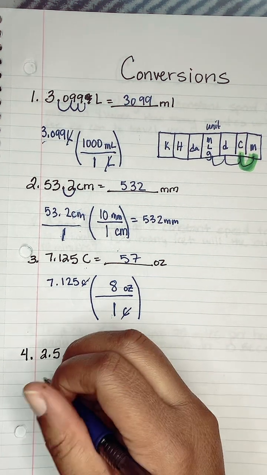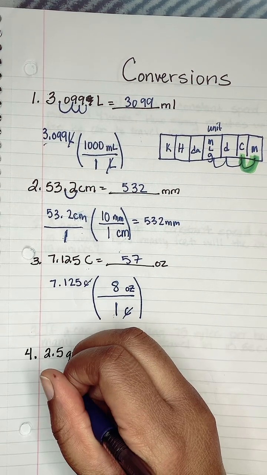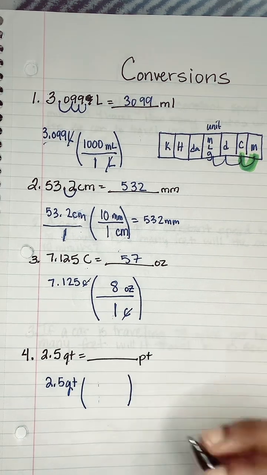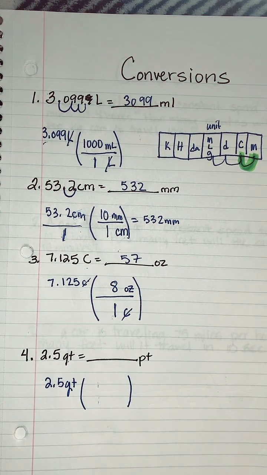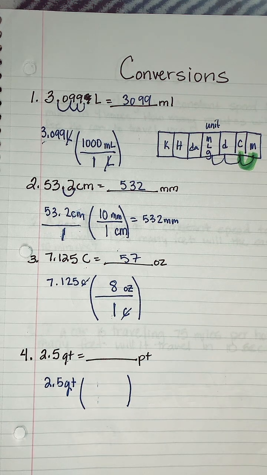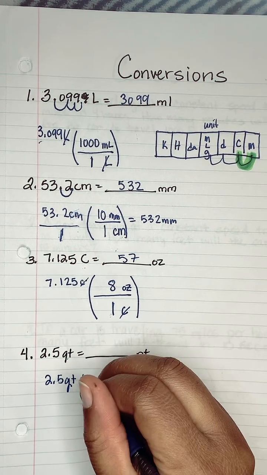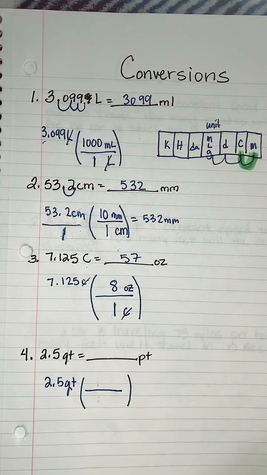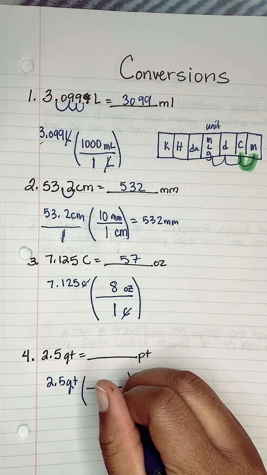So we're going to start with our quarts. Always start with what you're given. This is what also helps when you get into dosage calculations, understanding that you're always starting with the given. A lot of that is proportions. I also do dose calcs, you guys, as well. I got a couple of videos on my YouTube page.